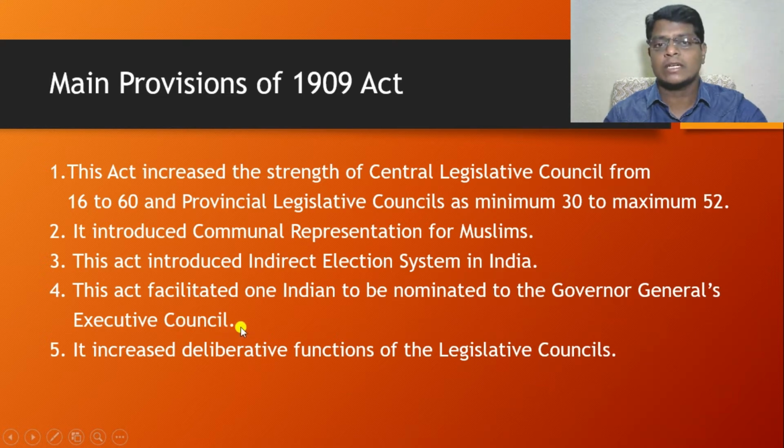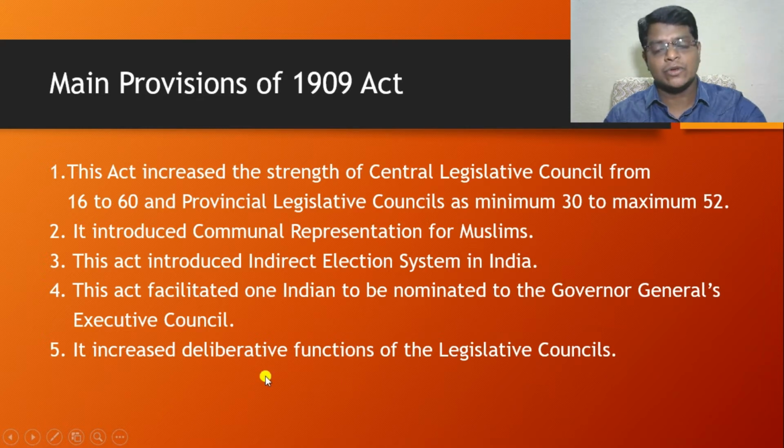This is also one of the developments by the Indian Council Act 1909. Then it increased the deliberative functions of the legislative councils. The Government of India Act 1909 increased the deliberative functions of the legislative councils.